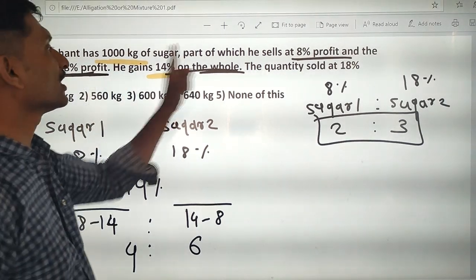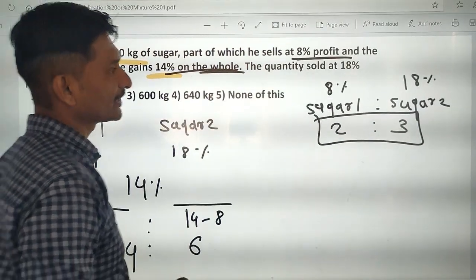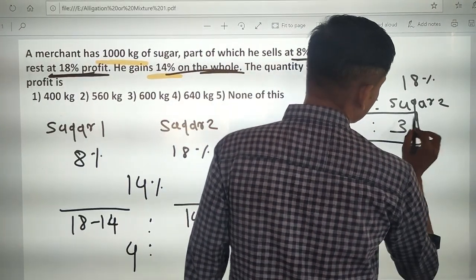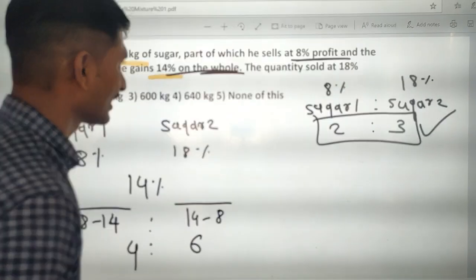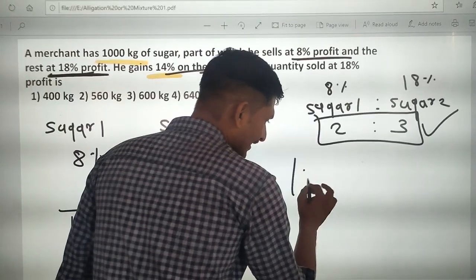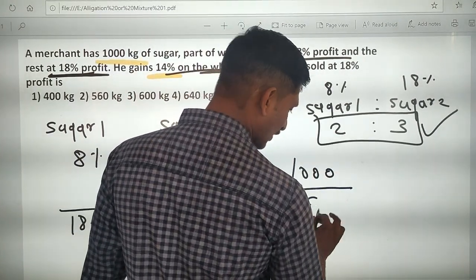Now find the quantity sold at 18% profit. Total sugar is 1000 and total proportion is 5.